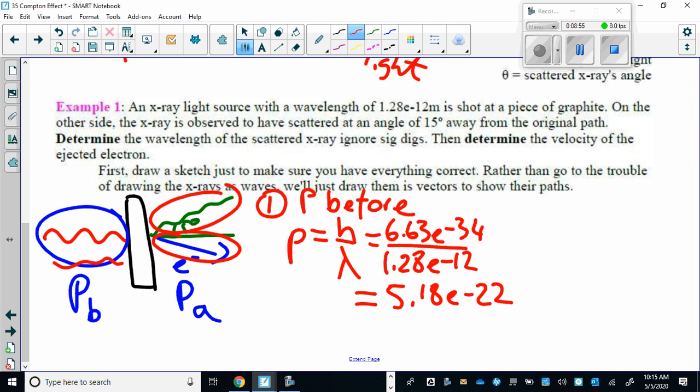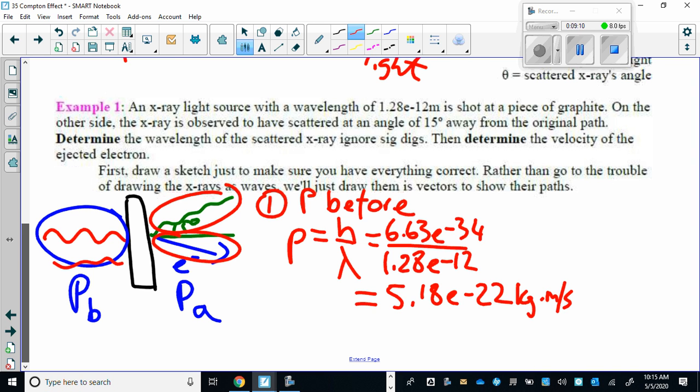That's the only way we can express it right now. So that photon has this momentum, kilograms meters per second, and that's the momentum before.